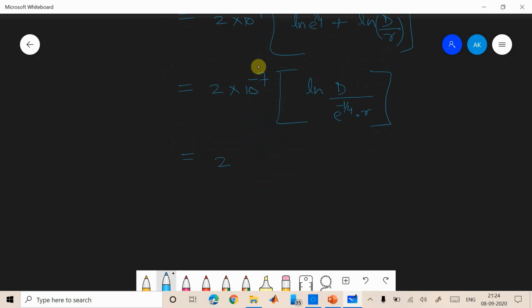Further we can write as 2 into 10 raised to power minus 7 ln d by, if you put the value in calculator of e raised to power minus 1 by 4, you will get 0.7788 r.